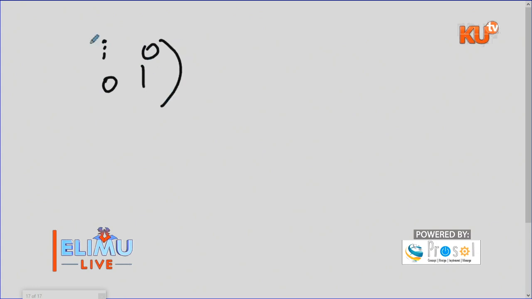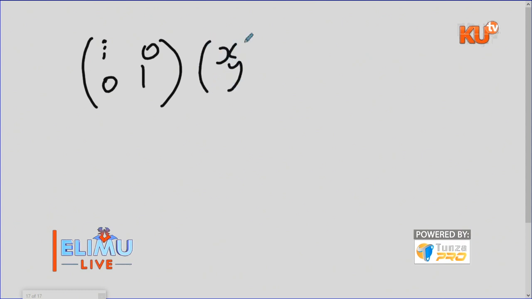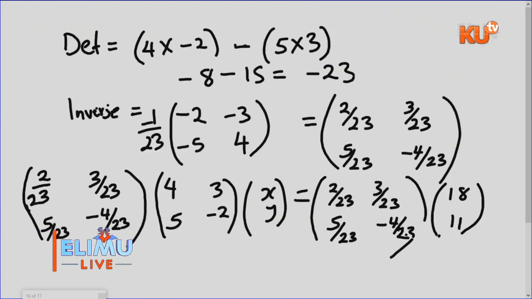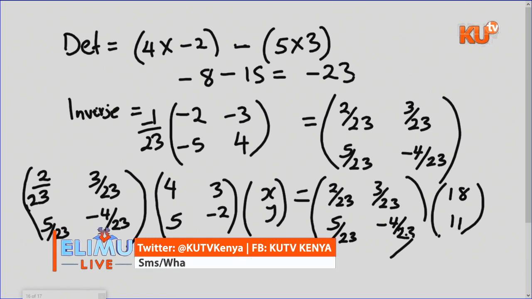So we will then have 1, 0, 0, 1, times x, y, to give us now on the other side. Let's multiply and see. 2 over 23 times 18, that should be 36 over 23. Then the other one is 33 over 23.